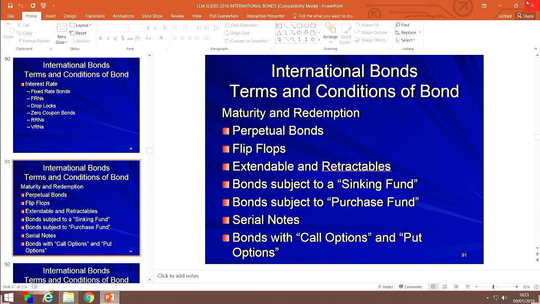A bond with an extendable provision in redemption will state that the issuer has a right, again, issuer's right, to extend the life of the bond beyond the final redemption date specified in the bond, up to a maximum of, say, 3 years or 5 years at the issuer's option. So it has an option to extend the life of the bond for, say, 2 years at its option and not have to repay on the actual redemption date.